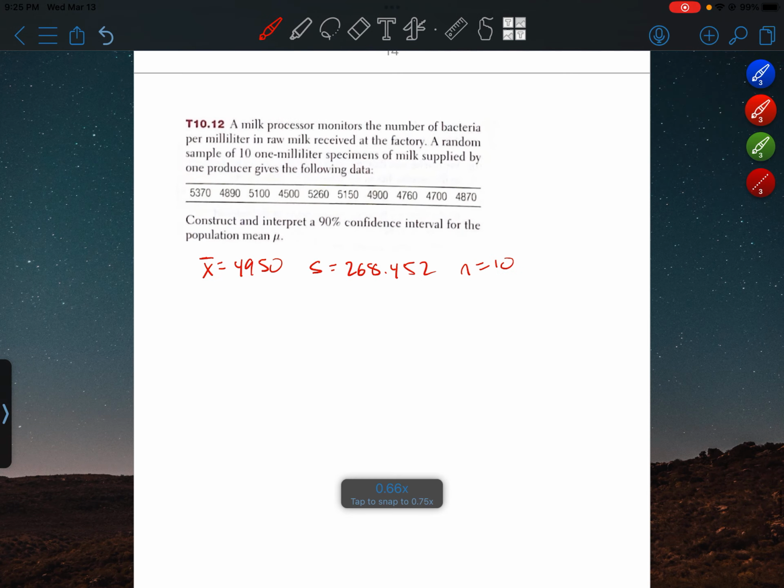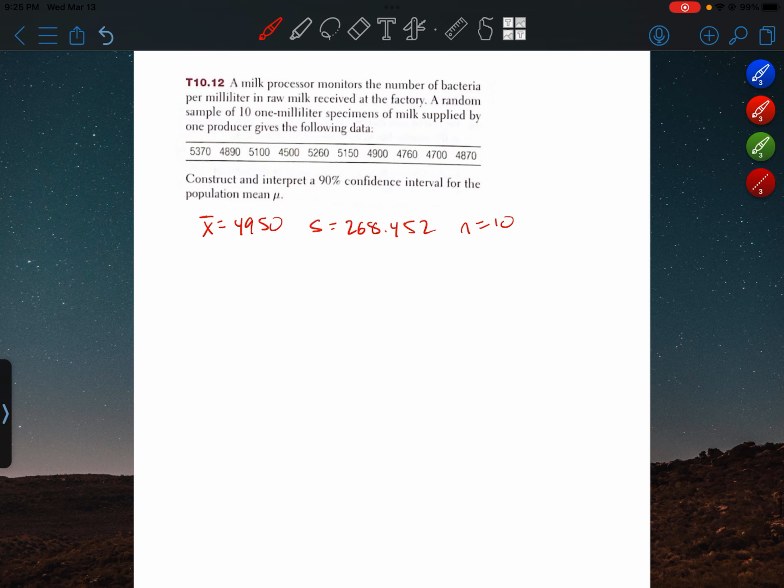All right, so now for our solution. We're going to organize this. The first step is to choose. Let's choose the procedure. We're going to do a one sample t interval for mu, a population mean. Next, we're going to define the parameter.